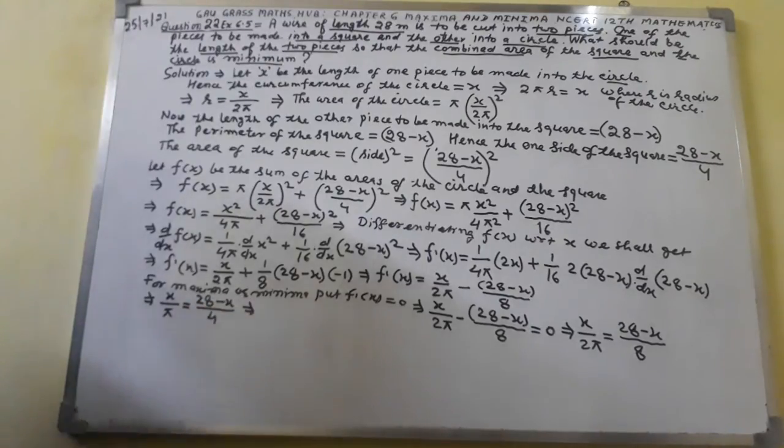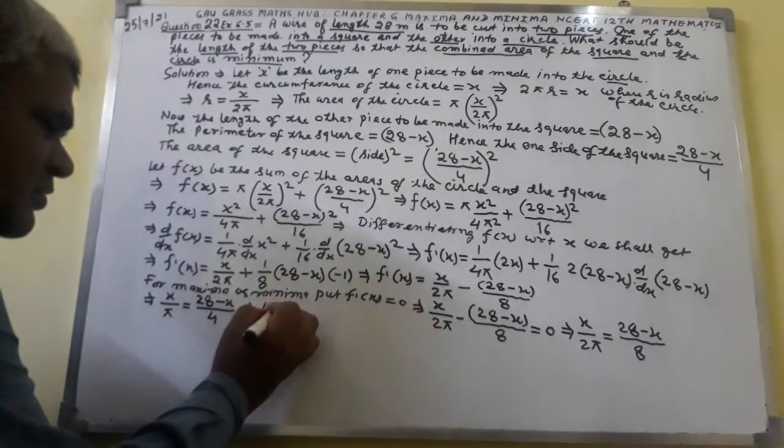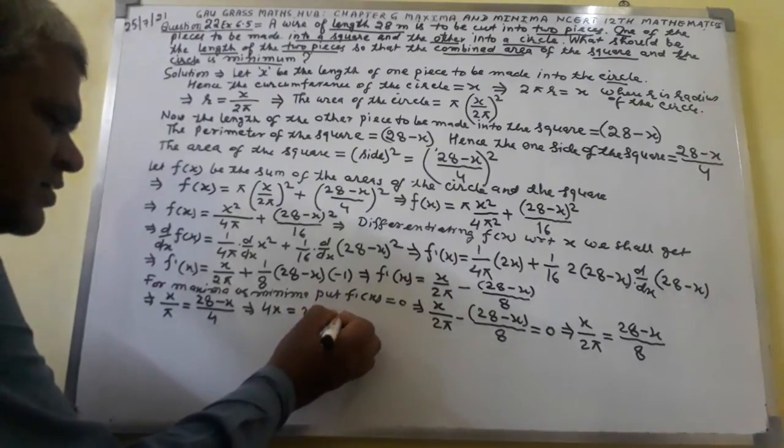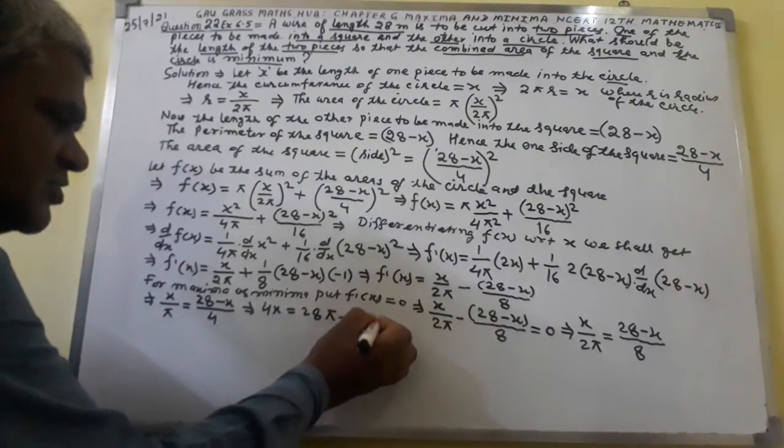Again I shall write, just cross multiply the things here. You will get here 4x is equal to 28 pi minus pi x.